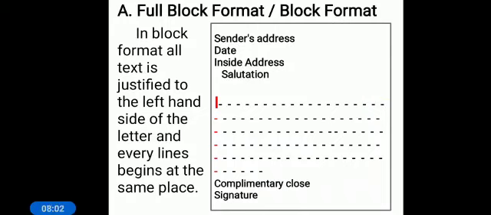Okay, in a block format, all text is justified to the left hand side of the letter, and every line begins at the same place. So here all text or all parts of the letter are justified to the left hand side of the letter.